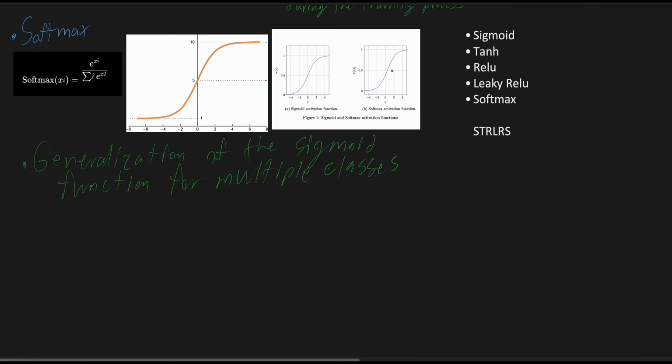This function is widely used for multi-class classification, for multi-class problems where it can be providing the probabilities of different classes for a single input.